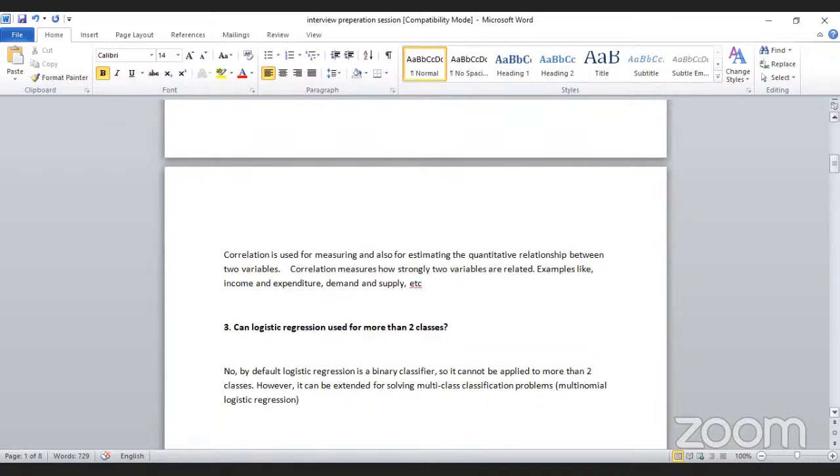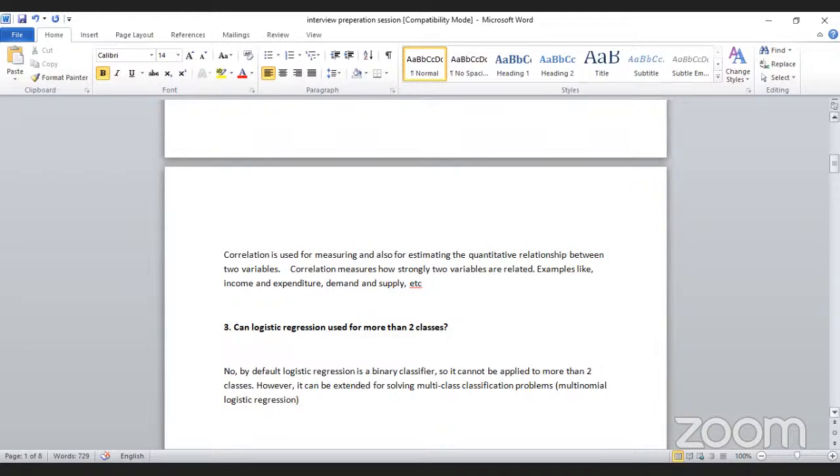No. By default, logistic regression is a binary classifier, so it cannot be applied to more than two classes.